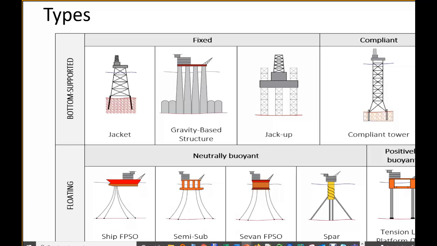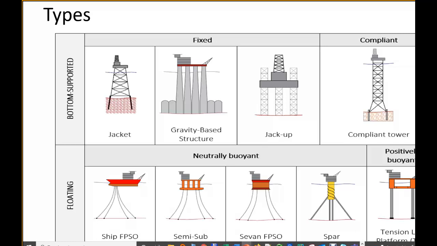Then you have a semi-sub, which is typically used for drilling. There are some production structures, but for drilling they are very commonly used. Sevan FPSO is like this ship FPSO, but with a circular shape, and we're going to see now where the idea came from.